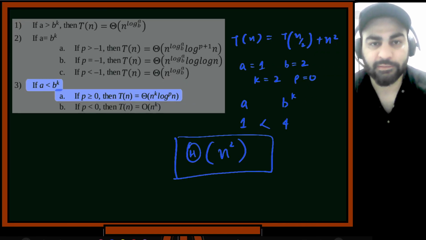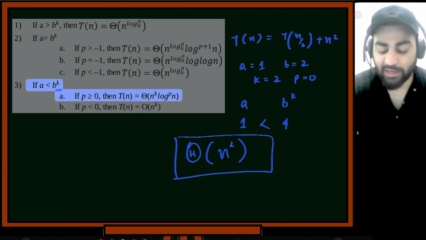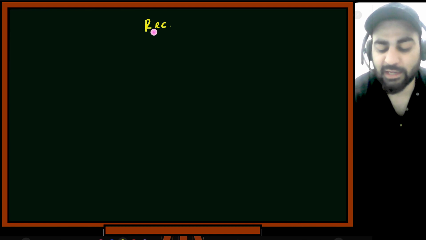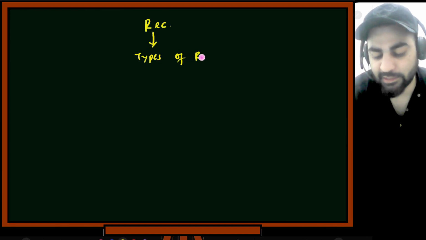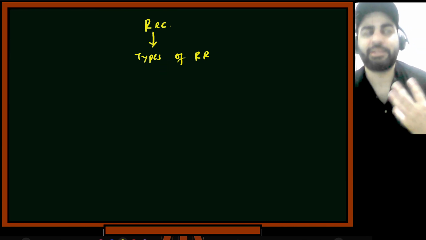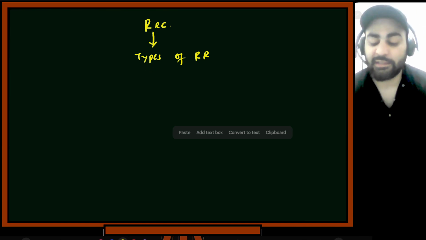Okay. Now we'll move on to the next topic, the tree based method. If you remember the graph, the first thing that we studied is what recurrence relations are. Then I said what the types of recurrence relations are. Based on these types, what gives rise to them? I said different types of algorithms, divide and conquer and recursive algorithms, give rise to these.